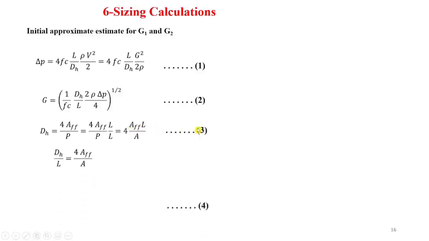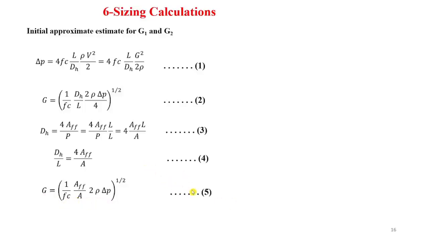From equation number 3 we can take dH divided by L, because we need it in equation number 2, to be 4 multiplied by the free flow area divided by the heat transfer area. So G in this case is going to be given by this expression.